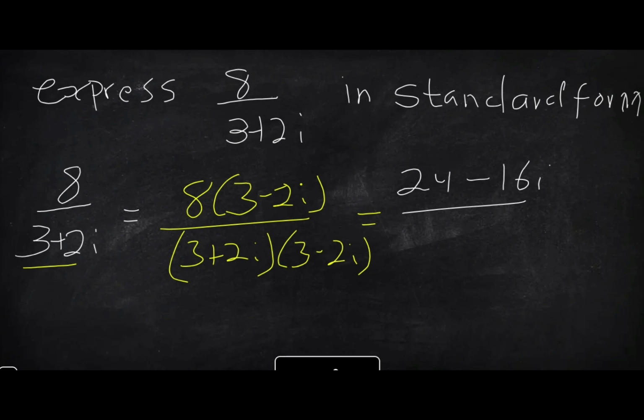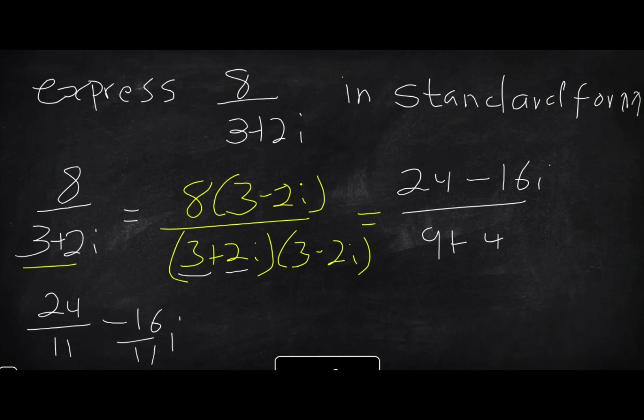And then we've already established that anytime we are multiplying a complex number by its conjugate, it's simply the sum of the squares of the real number and the imaginary number, which is 3 squared gives 9 plus 2 squared gives 4. So that becomes 24 over 11 minus 16 over 11 i.